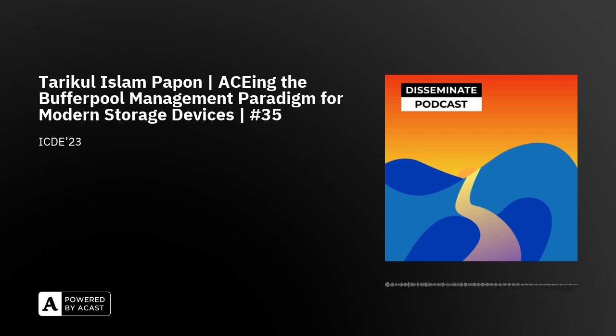So we drew a new bufferpool design space, and we listed these questions: can we write more pages concurrently, can we evict multiple pages from the bufferpool? If so, can we prefetch multiple pages so that the performance can be improved? So overall, in the design space, there are four major components.